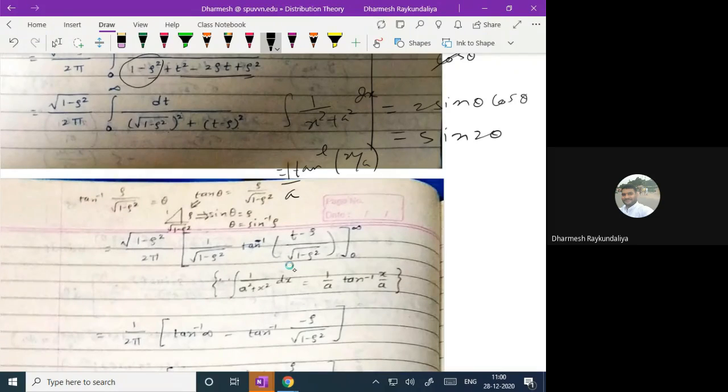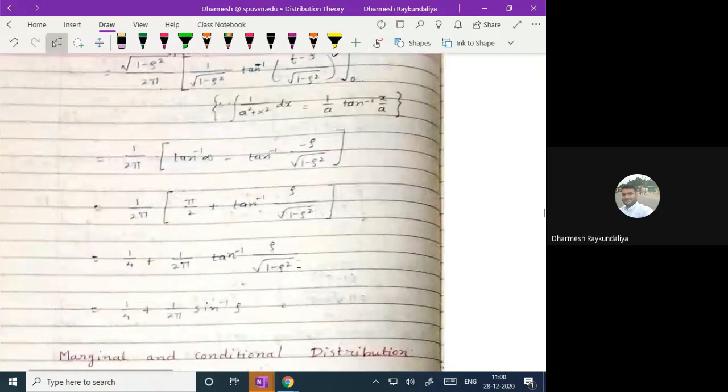We will use this structure. Now what is in our setup? t minus rho is x, and square root of 1 minus rho square is a. So the integral is 1 upon a, where a is the square root of 1 minus rho square, so that is 1 upon square root of 1 minus rho square tan inverse of x by a, where x is t minus rho and a is the square root of 1 minus rho square. The range is 0 to infinity.